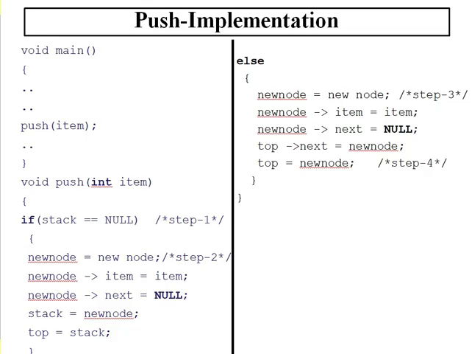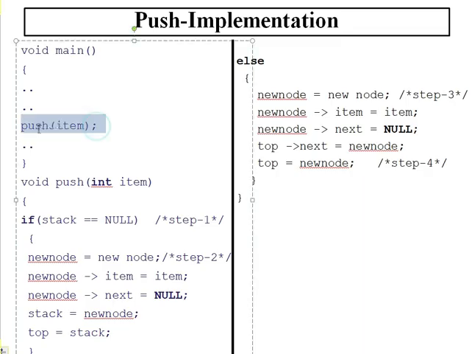Here after receiving an item, this is a calling statement of the push operation. After this function is called, we pass an item. This is an item or any value that will be assigned to the data part of the node structure. After receiving the item, we should check step 1, if the stack is null, that is if it is empty.